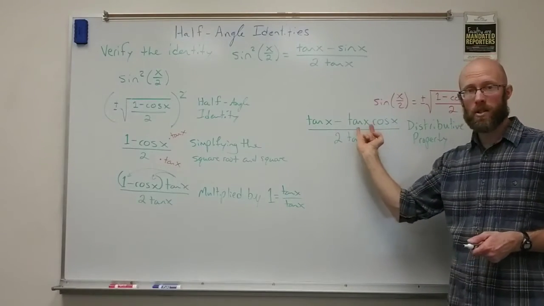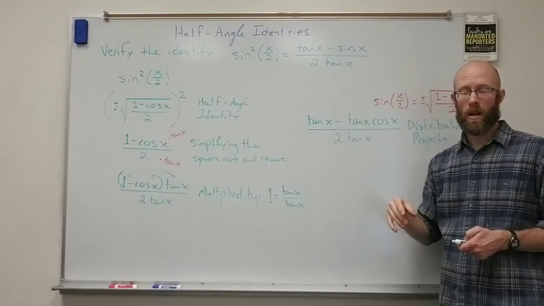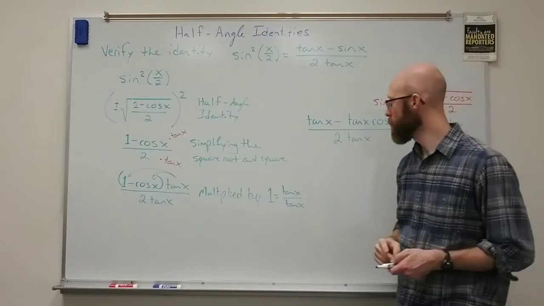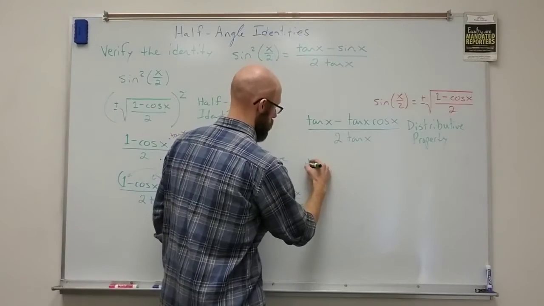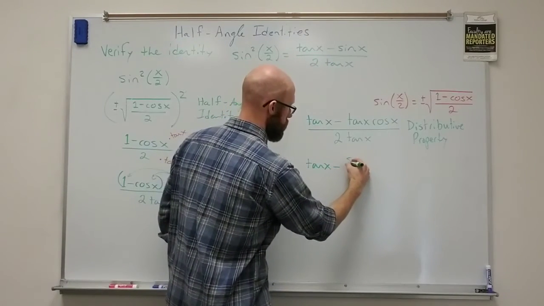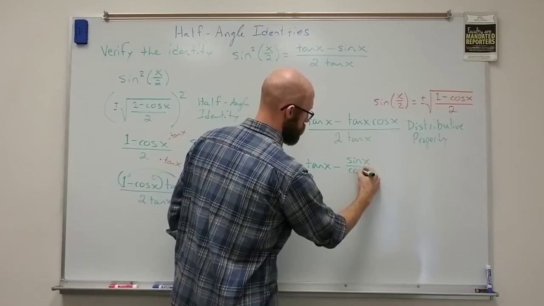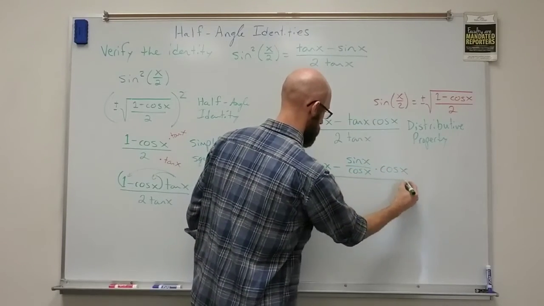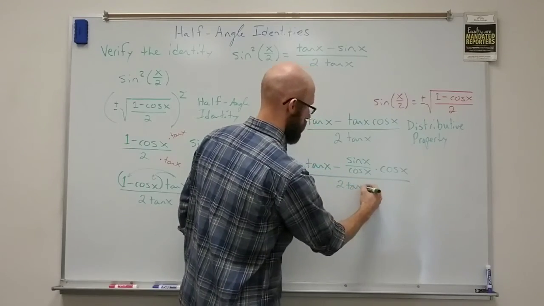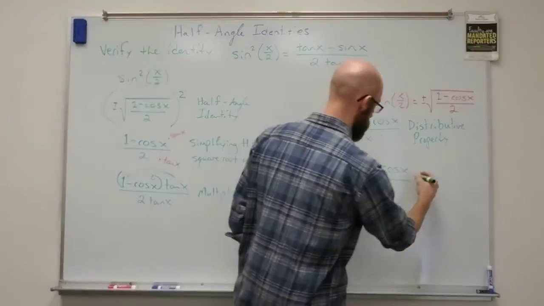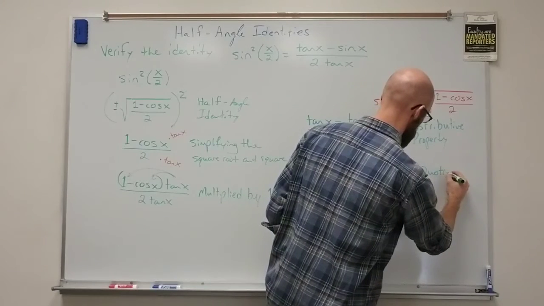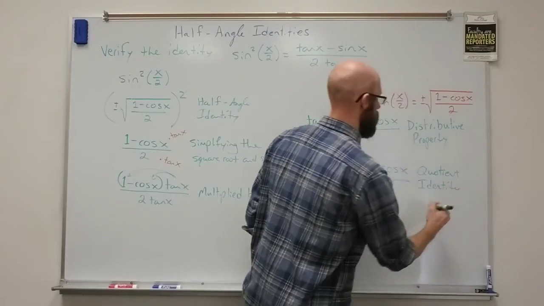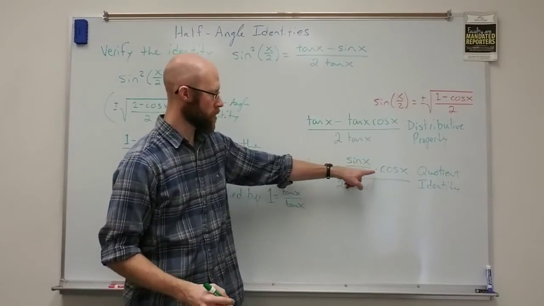If I simplify the tangent times the cosine using a quotient identity, the tangent is sine over cosine, right? So if I replace the tangent with sine over cosine, and then multiply by a cosine. But first of all, that's done using a quotient identity. I should write that down. Well, then the 2 cosines here will cancel, right?